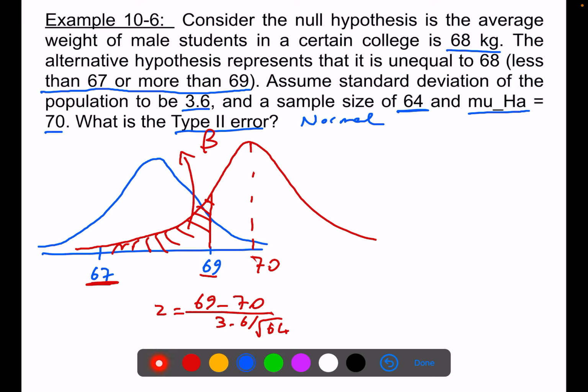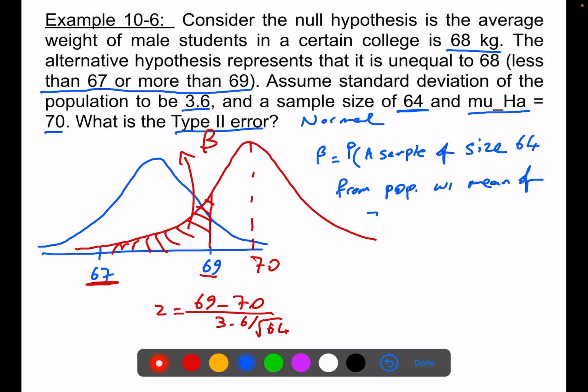So maybe we can write that down. What we are computing is: beta is the probability that a sample of size 64 from a population with mean of 70 has an X bar between 67 and 69.